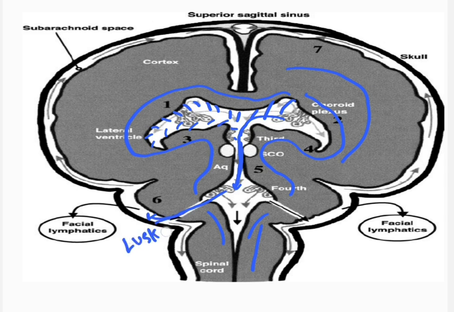So this is Luschka, and in the midline underneath the cerebellum it enters the subarachnoid space via the foramen of Magendie.